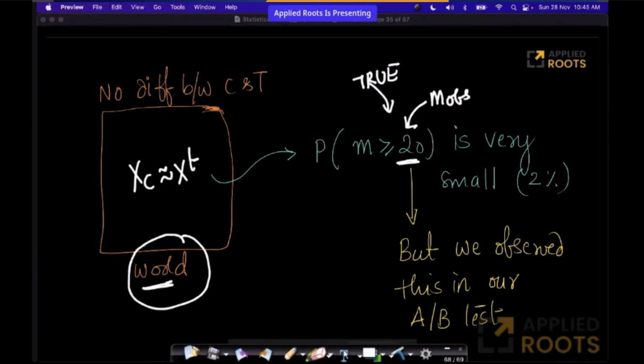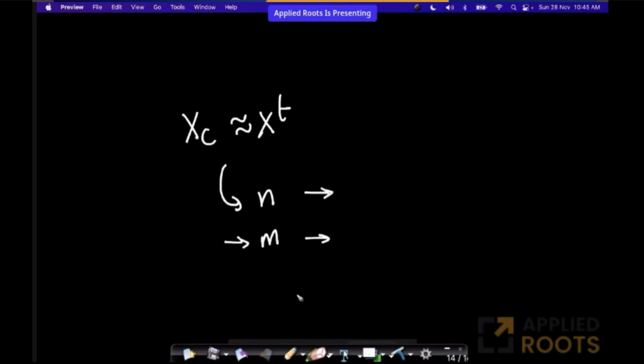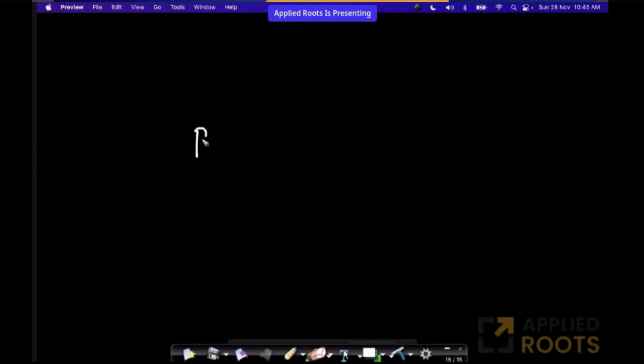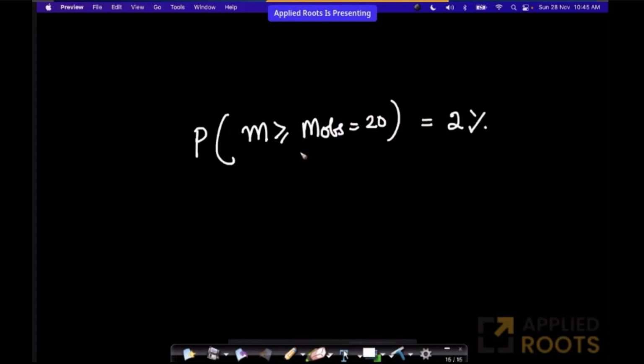You're not saying it's always untrue. Suppose you have this probability of observing M greater than or equal to M observed, where M observed is now 20. If this is equal to 2%, let me write the full statement: assuming XC is similar to XT, the probability is 2%, which means, again, this is very important, this is a very typical fallacy that people commit.